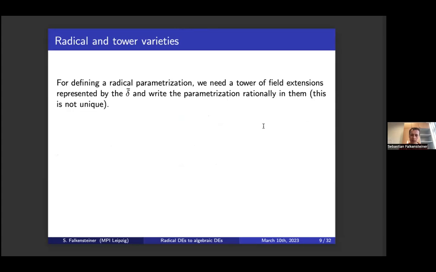Okay, so having now such a tower of field extensions and the chosen deltas, I denote by delta bar the tuple of all the deltas, we can rationally write the parametrization in the deltas.